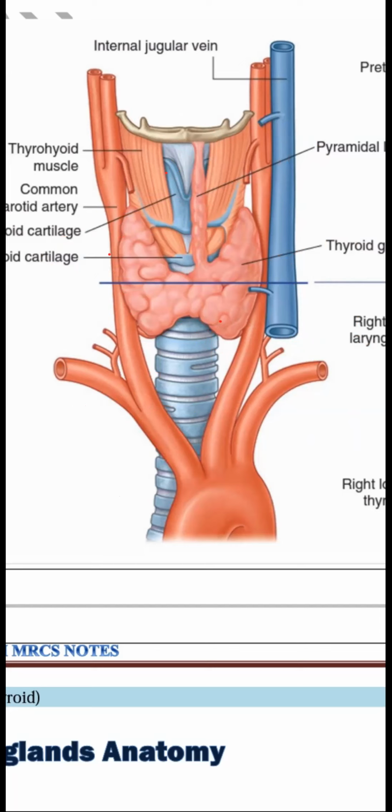Now, let's go for the recurrent laryngeal nerve. Its course, as you see here: it is a branch from the vagus. On the right side, it passes anterior to the subclavian artery, then hooks around it. While on the left side, it passes around the arch of the aorta.